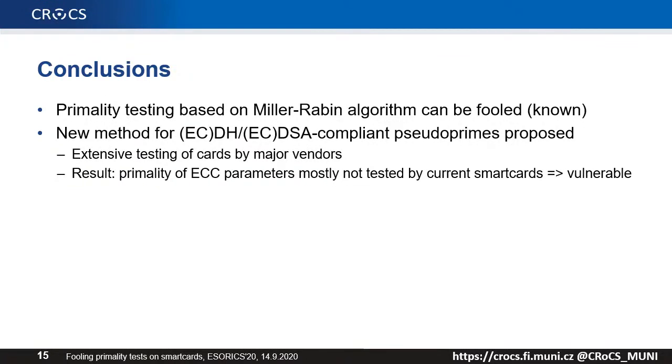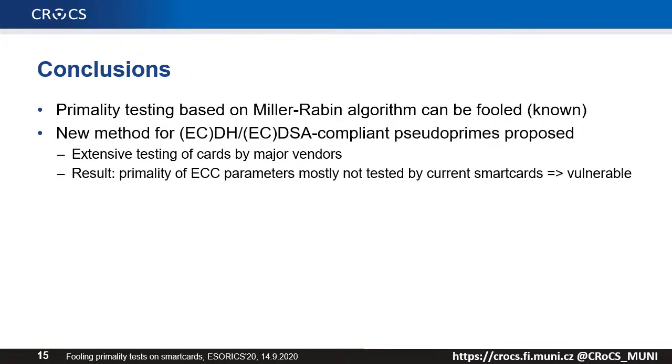And we designed a suite of methods to generate domain parameters that are seemingly correct, but are composites in sets, and then performed extensive testing of cards by major vendors. And the surprising result is that the primality of ECC parameters is mostly not tested at all by current smart cards. There are some exceptions.